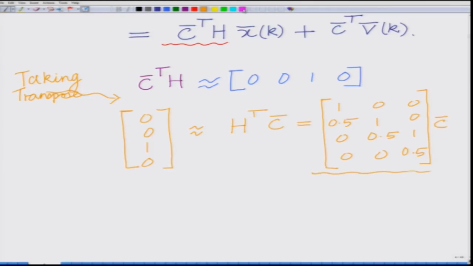This is the vector with zeros everywhere and 1 in the second position, that is 0 in the 0th position, 0 in the first position, 1 in the second position, and again 0 everywhere.